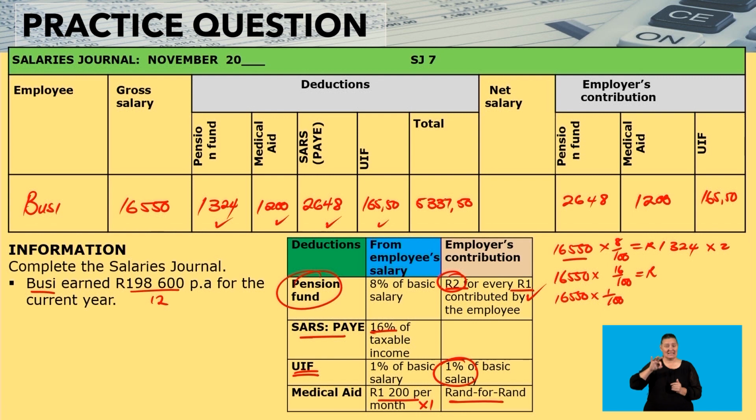My net salary, therefore, is my gross minus my total deductions. It will give me 11,212 rands and 50 cents. Once you have got your 11,212 rands and 50 cents, you have completed your salary journal.